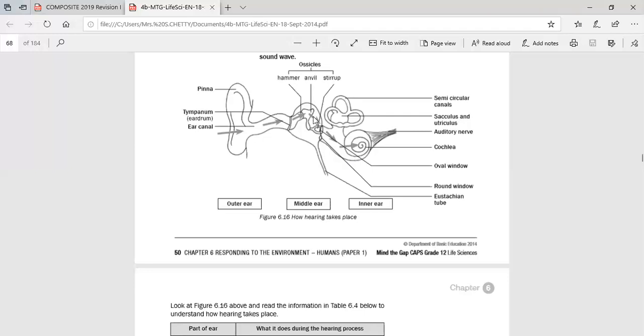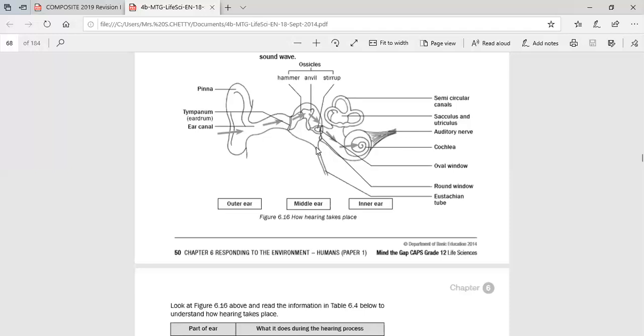And what allows it to vibrate freely is that the eustachian tube helps in equalizing the air pressure on both sides of the tympanic membrane by either sucking in air or by expelling air. The crazy thing is, because it opens up into the pharynx, when you've got a sore throat or a cold, the mucus that is produced in your throat can find its way up the eustachian tube.